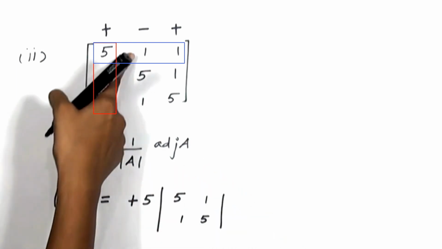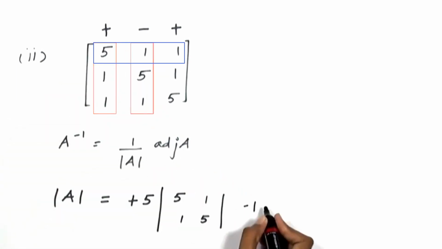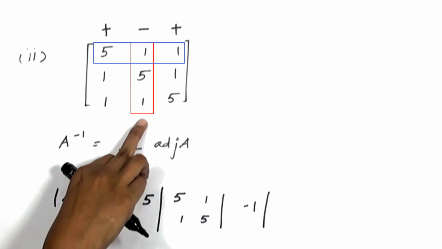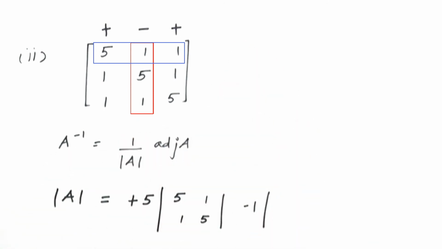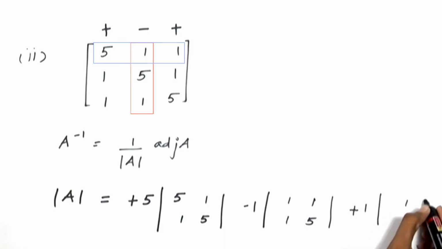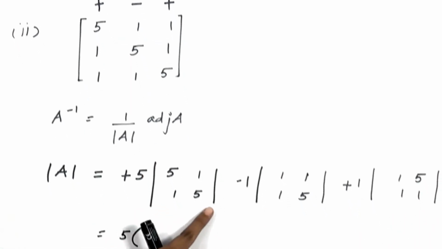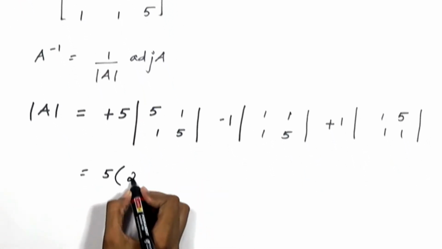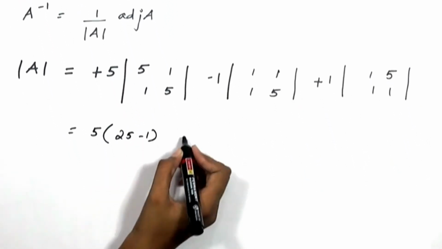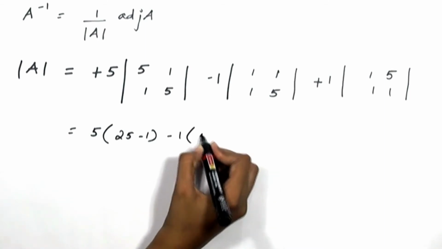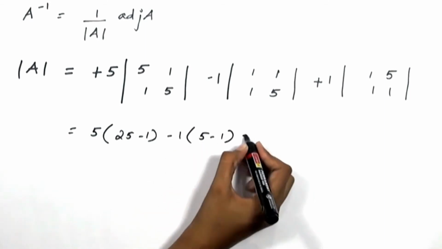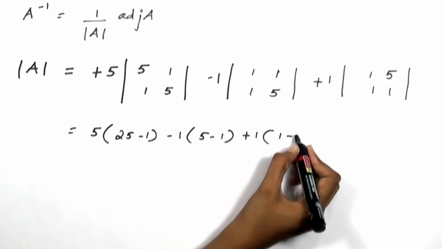Similarly, for the second element, -1, cancelling out this column and this row, we'll have 1, 1, 1, 5 inside. For the third element, we have +1, 1, 5, 1, 1 inside. When we are evaluating, this will become 25 - 1, -1 times (5 - 1), +1 times (1 - 5).